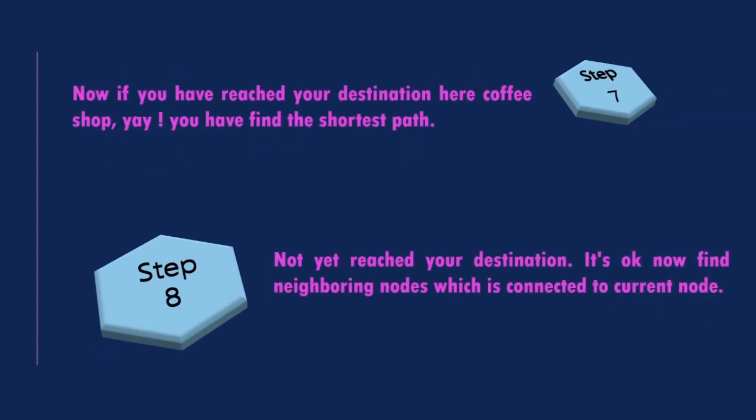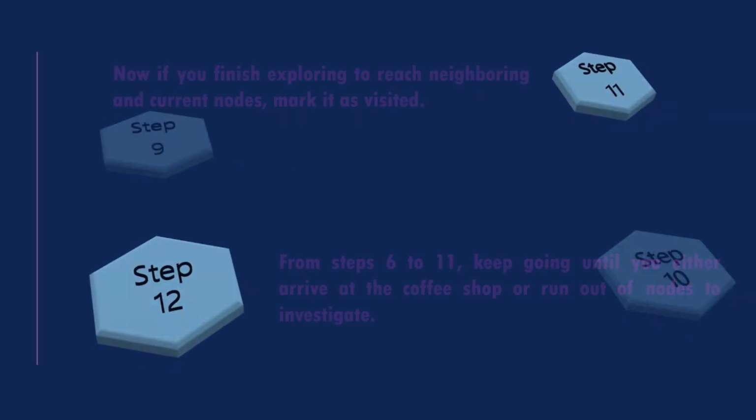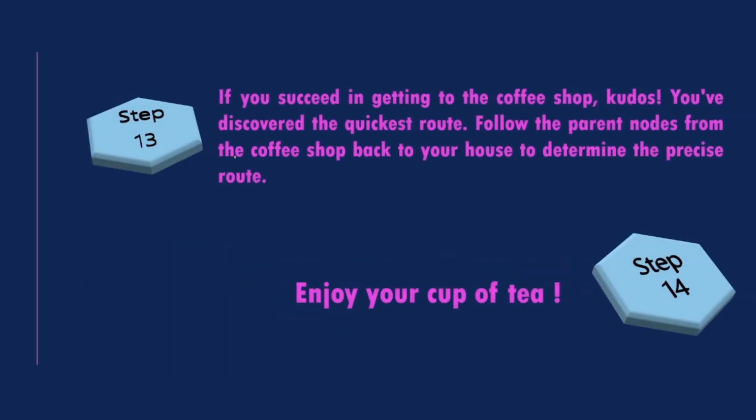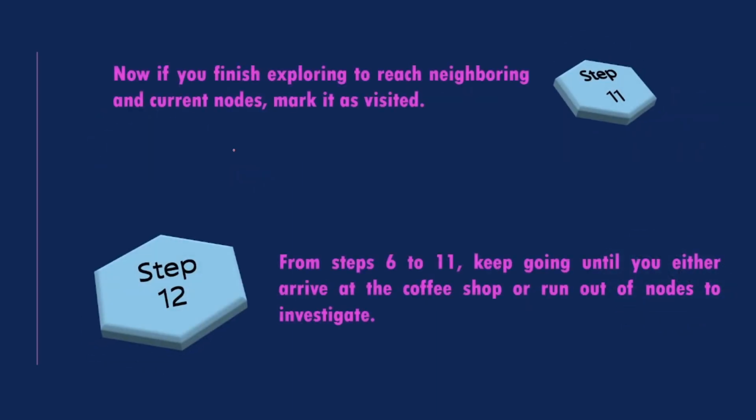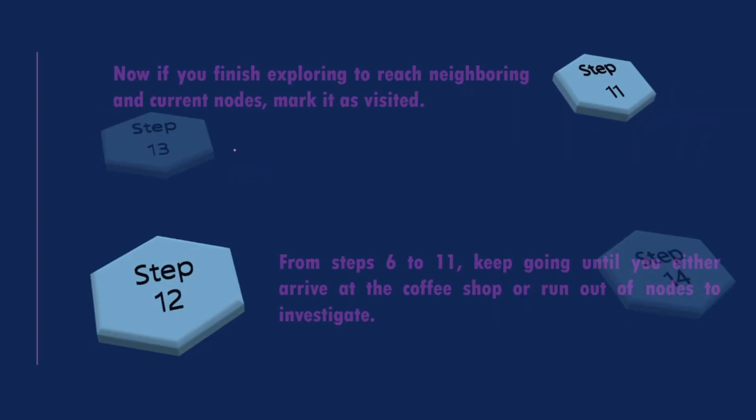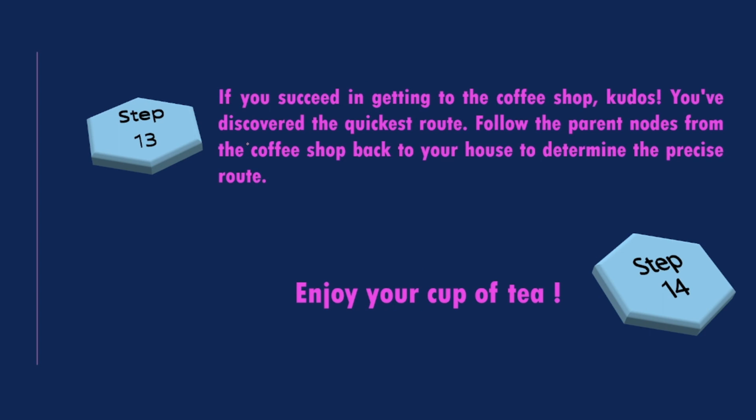Now step 13: repeat steps 6 to 11 until you reach the goal. You have discovered the quickest route, because you have to come fast. Follow the parent nodes from the coffee shop back to your house to determine the precise route. So enjoy your cup of tea, as our sir says.